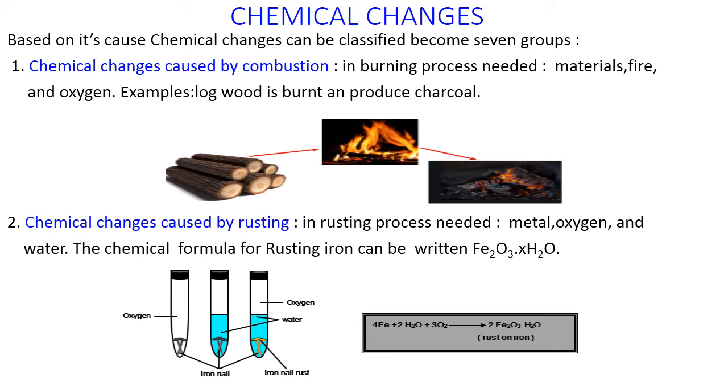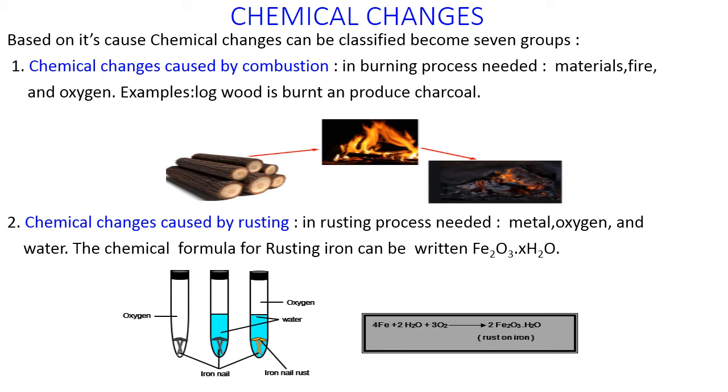As you can see from the figure, if iron nail just helped by oxygen doesn't form rust. And at the second figure, iron nail just with the help of water doesn't form rust.